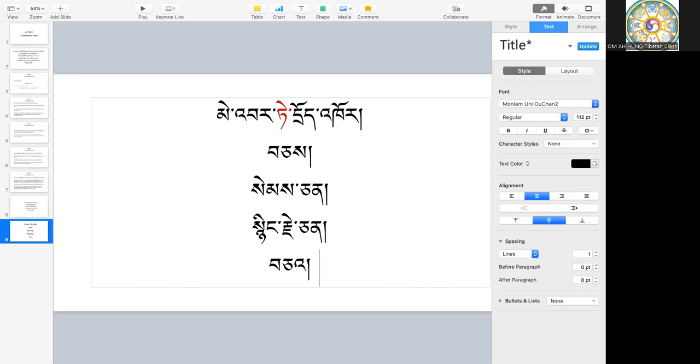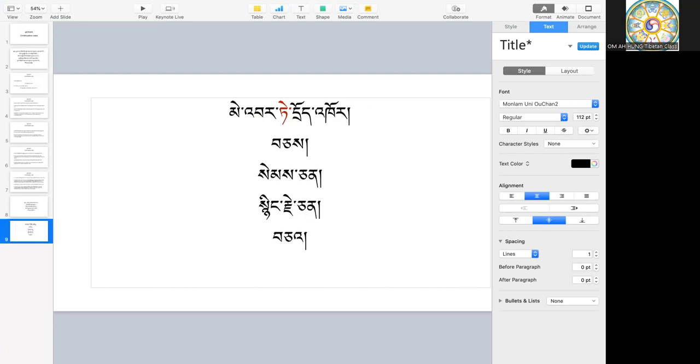Then the other meaning of this word as an action word could be understood as a statement or establishment, to establish. So it could be understood as to be established.